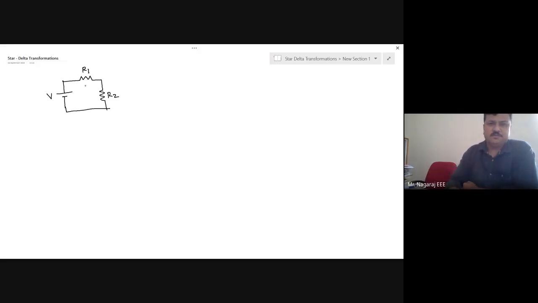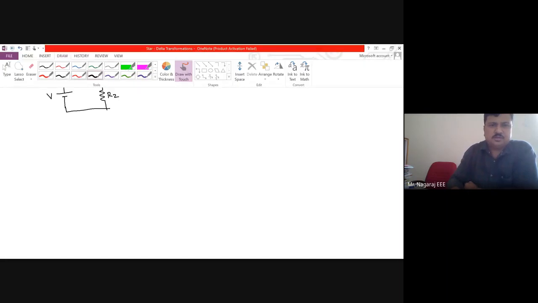Now this is a very simple circuit. If I want to find the equivalent circuit of this, it is simply R1 plus R2, right? Now I will add to the same circuit. I will take another color.